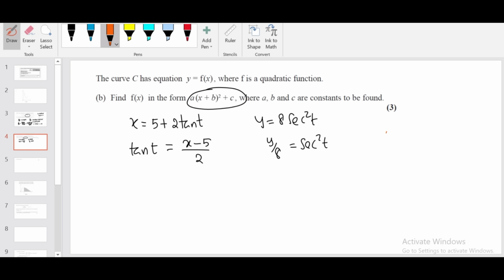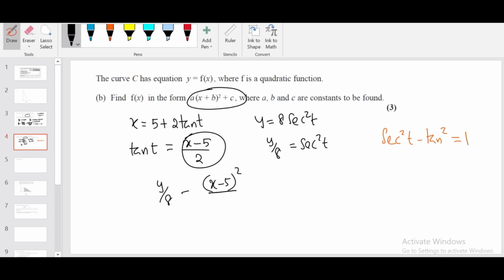There is this identity, secant square minus tan square is equal to 1. Secant square is y over 8, minus tan square, which is the square of this, x minus 5 over 2, squared, 4, is equal to 1. Make y the subject. Multiply through by 8, you will get y is equal to 8 plus 2 times x minus 5 whole square.